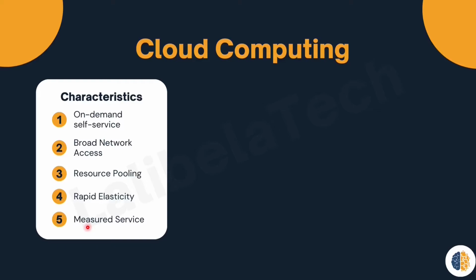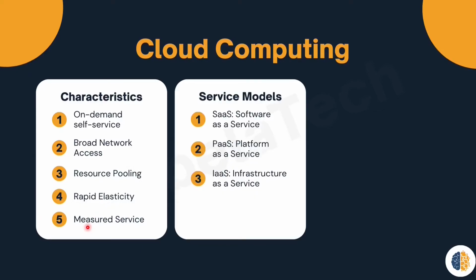The next one is service models. Even if cloud computing has many service models, the most commonly known are: 1. SaaS, Software as a Service. Customers can access applications from various client devices through a web-based interface or other application program interfaces. In this case, the consumer doesn't manage or control the underlying cloud infrastructure.